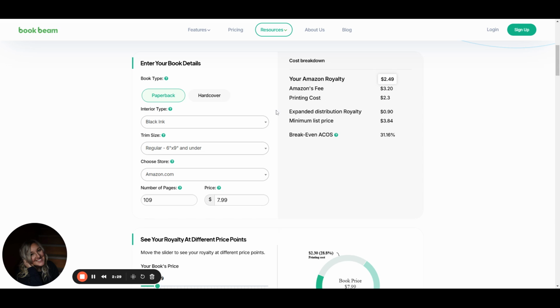So a lot of times someone will come in here and they say, oh, I'm going to make a coloring book. I'm going to make it 8.5 by 11, and I'm going to make it 175 pages. Okay. Do you see what happened just because we didn't do reverse engineering of book profitability?